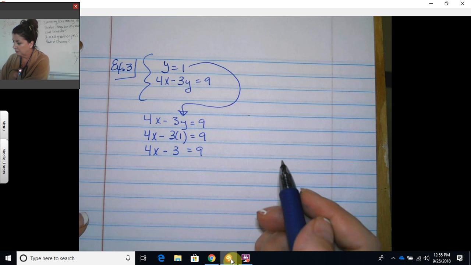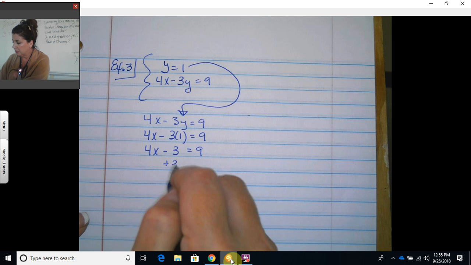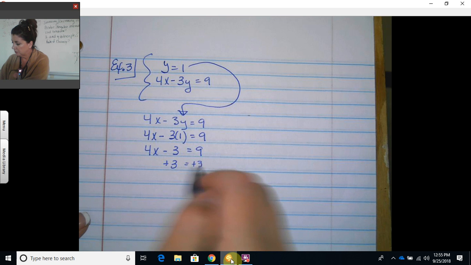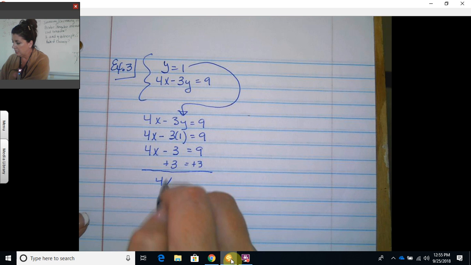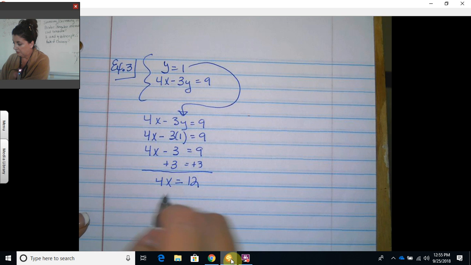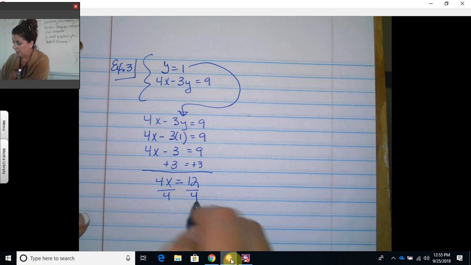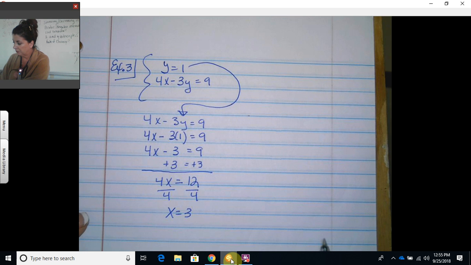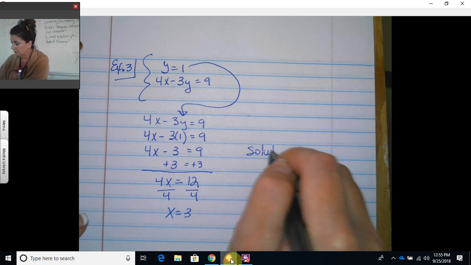Add 3 to both sides, and 4x equals 12. Divide by 4, and x equals 3. So the solution, when x is 3, y is 1.